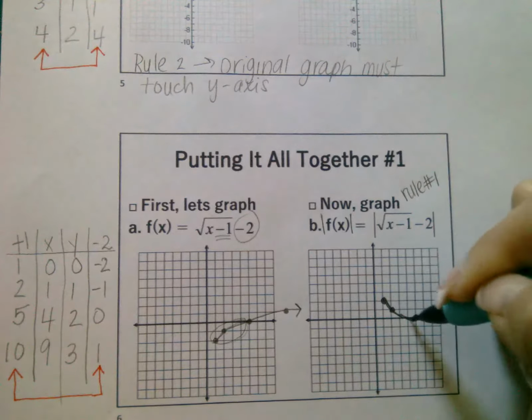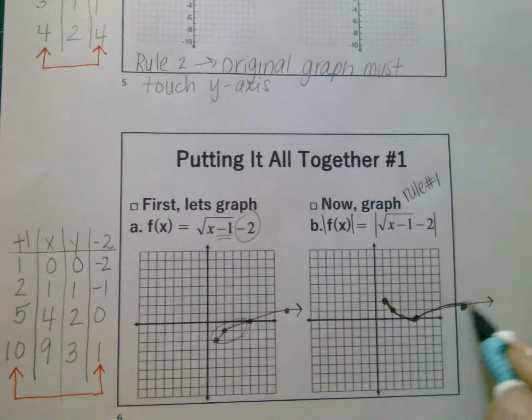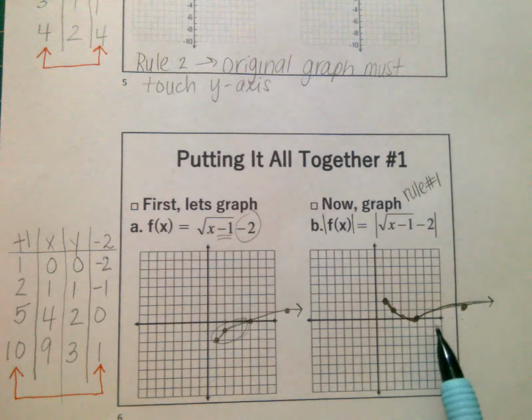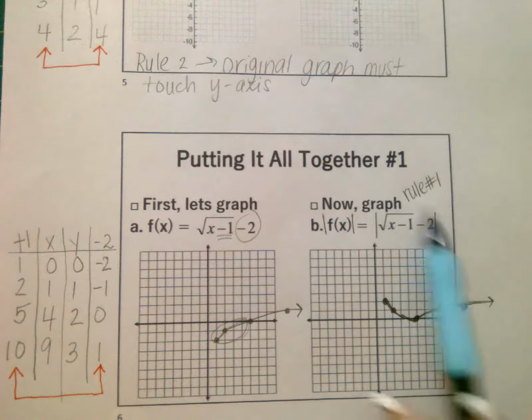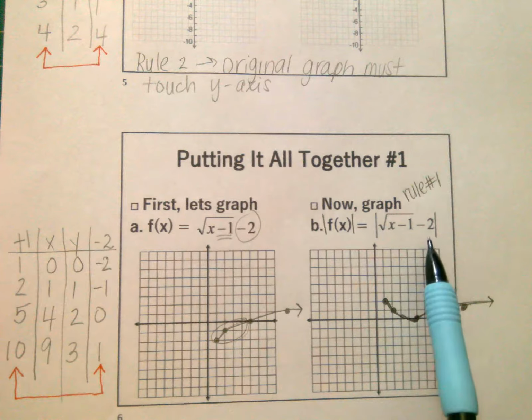We're just trying to maintain the original shape of the function. Doesn't have to be perfect, but don't just make it a straight line. So that's what the graph is going to look like for square root when you take the absolute value of the entire function.